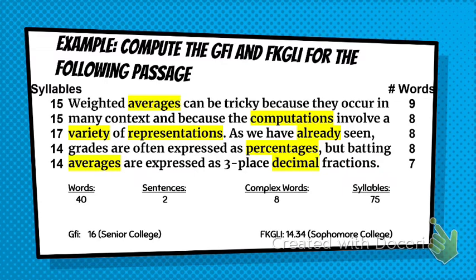So the 16 says that for this passage, at least these 2 sentences would be a senior in college. But I'm only basing this off of 2 sentences, and I actually cut the passage short. So what we have written just here would be a senior level in college for the GFI and a sophomore in college for the FKGLI. So let's see how I came up with that.